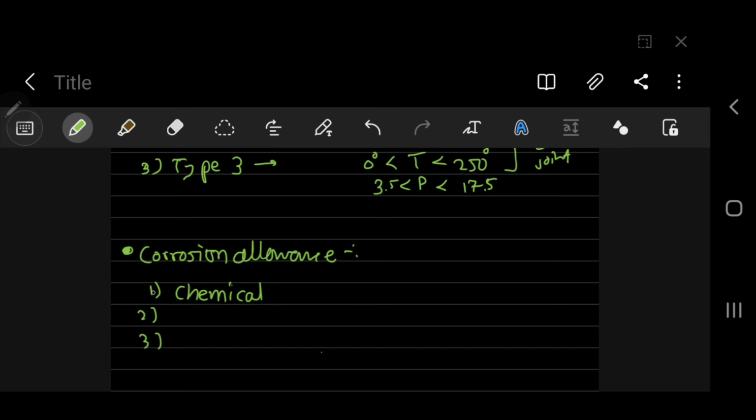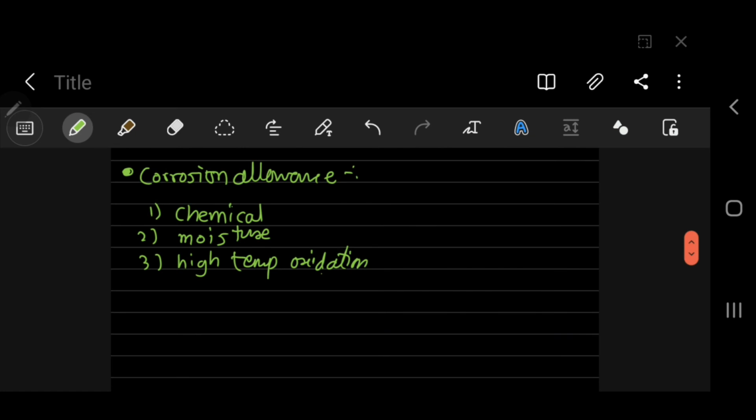The second reason is the moisture present in the atmosphere, which will rust the cylinder or pressure vessel. The third reason is high temperature oxidation. If the stored liquid has a high temperature, it will oxidize the pressure vessel.